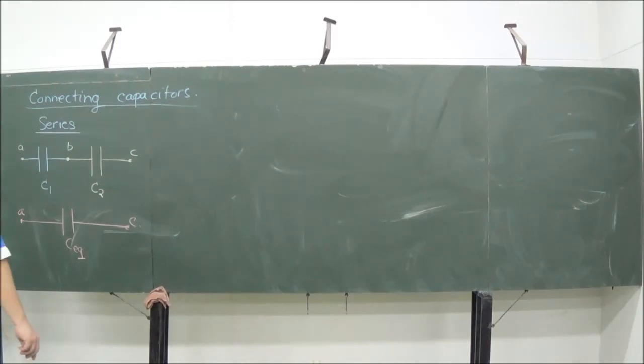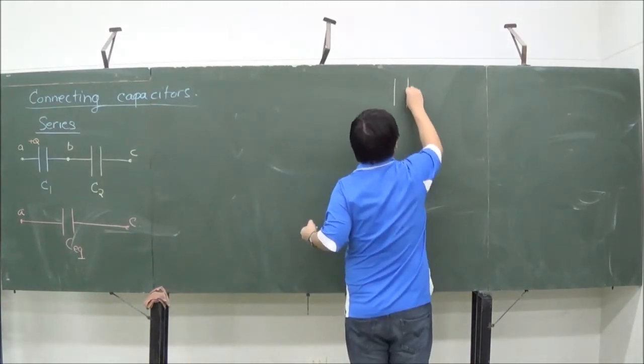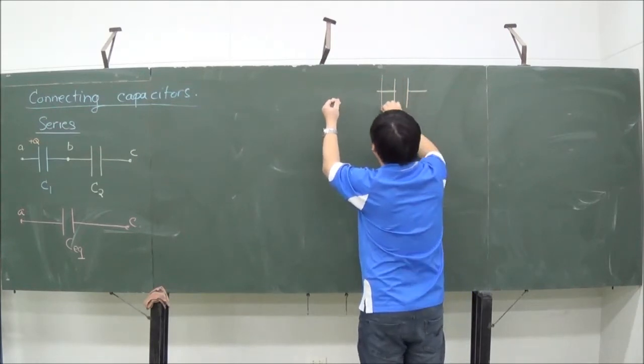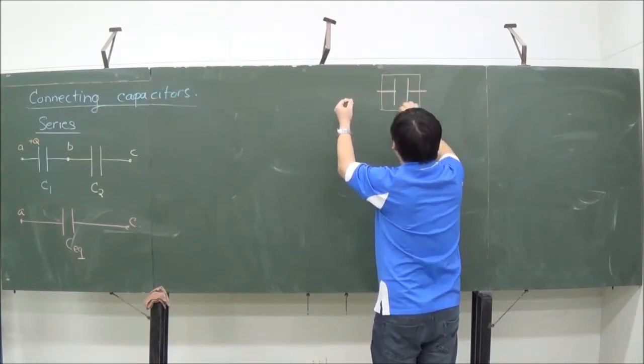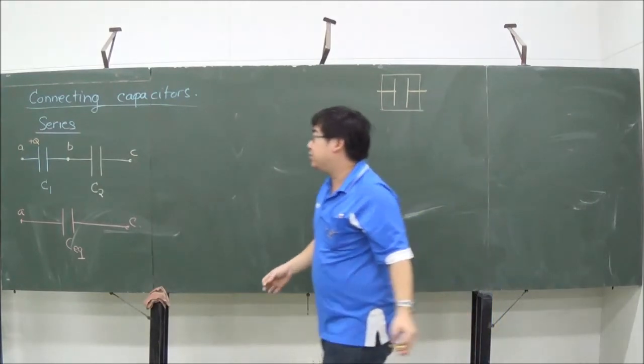To understand this, we know that if we put a charge plus Q here on this plate, when we charge up the capacitor, you see that for a parallel plate capacitor, there is no electric field outside. So when we enclose this Gaussian surface, it means there is no electric flux.